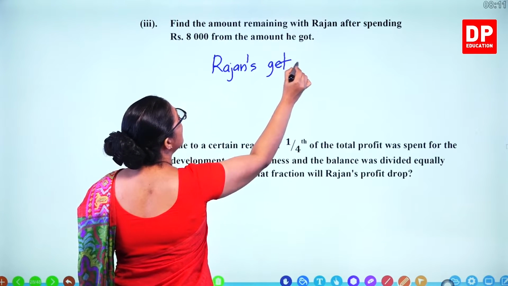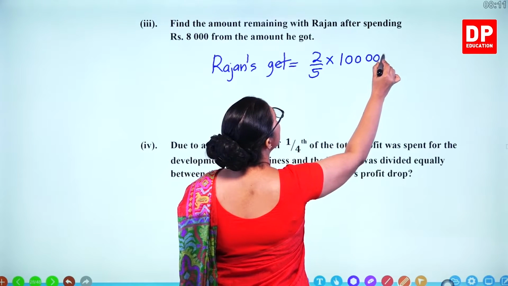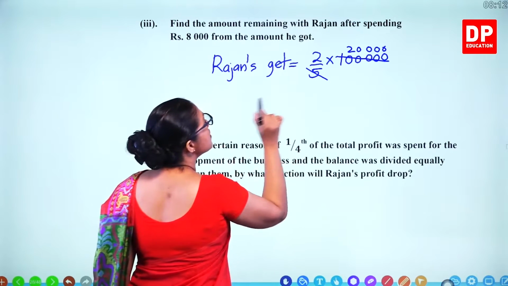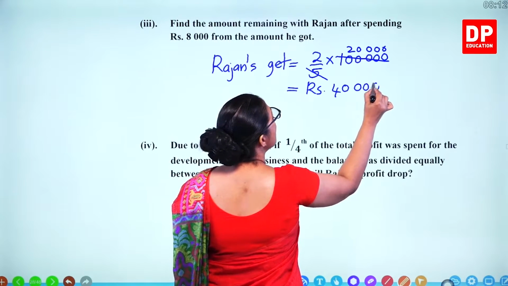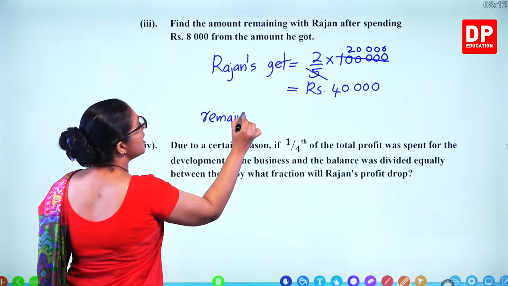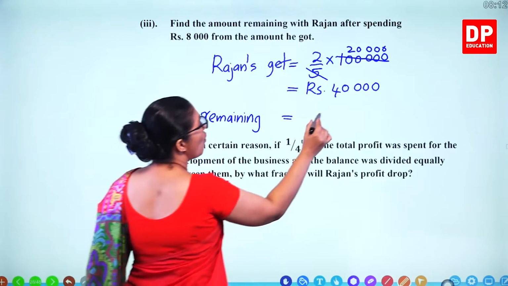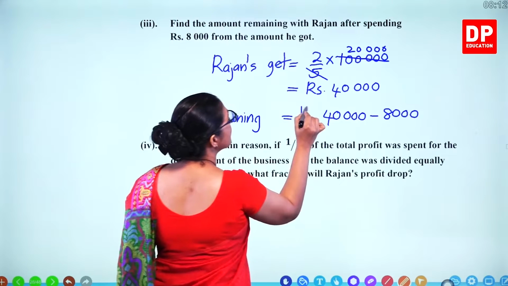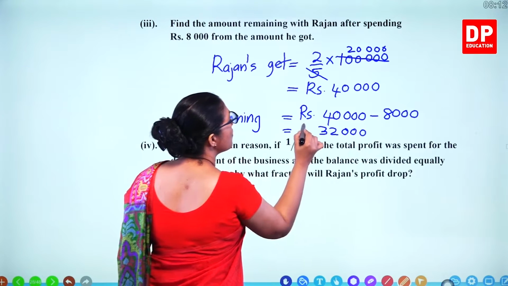Rajan gets 2/5 of the total profit, 100,000 rupees. 5 times 2 is 20, into 2, 40,000 rupees that Rajan gets. So what's the remaining amount? He spent 8,000 rupees. So 40,000 minus 8,000, you get 32,000 rupees.